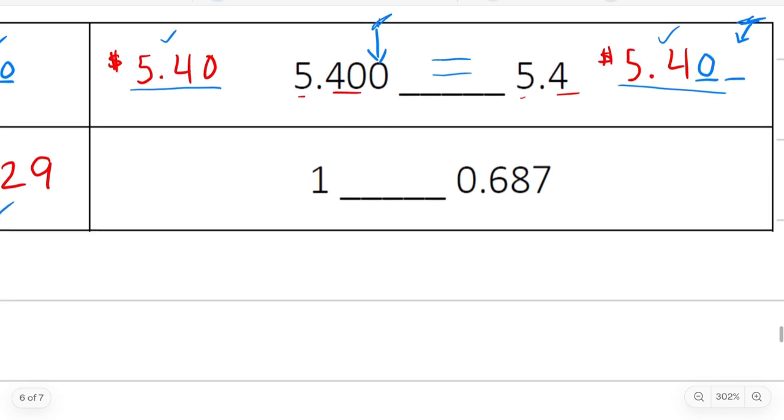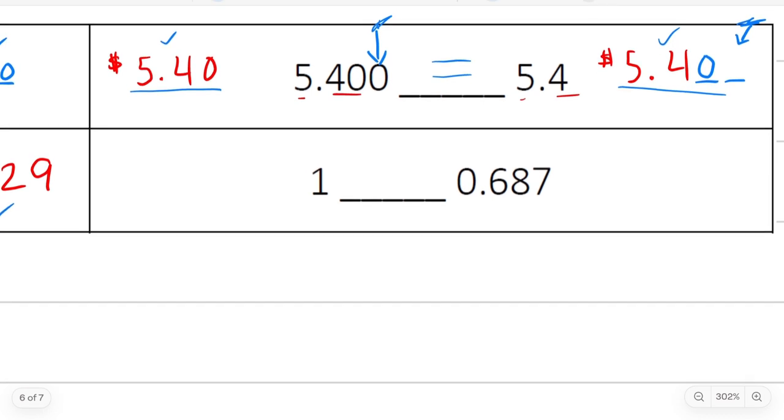All right, let's go to the next one. Okay. Now, if this was money, I do not see any cents here. That means that I just have $1 and that's it. But I'm going to write it like $1. Okay, that's $1. That's how much I have. On the other side, I do not have any dollars. So no dollars.